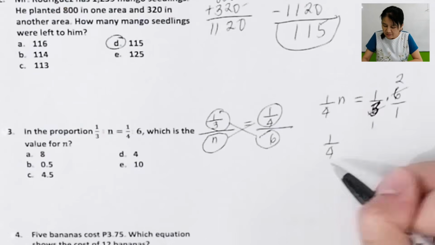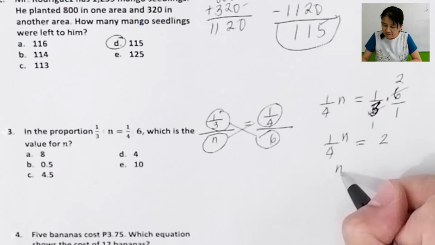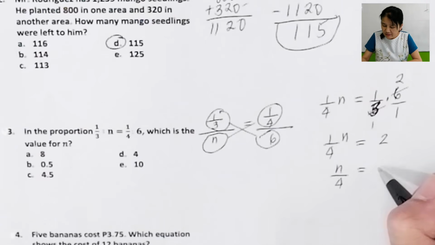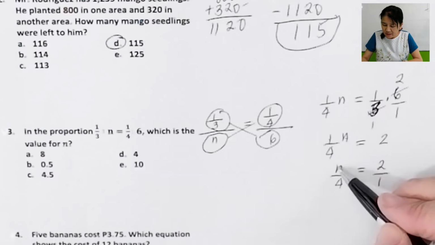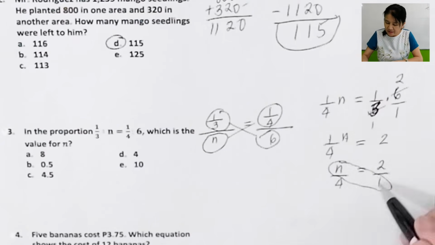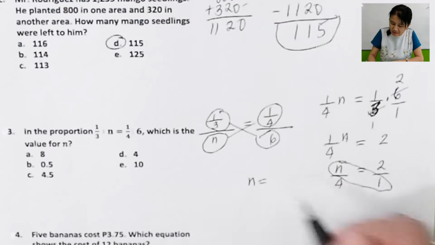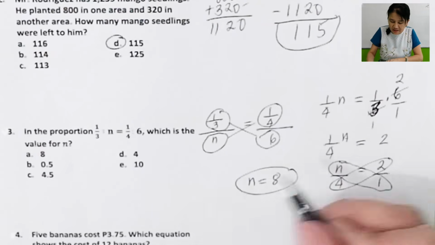So you have here 1/4 n, or n over 4, equals 2. Now, if you have n over 4 equals 2, this is understood to be 2 over 1. n times 1 is n. That's why we have n over 4. Cross multiply again. n times 1 is n equals 2 times 4 is 8. So the answer is 8.